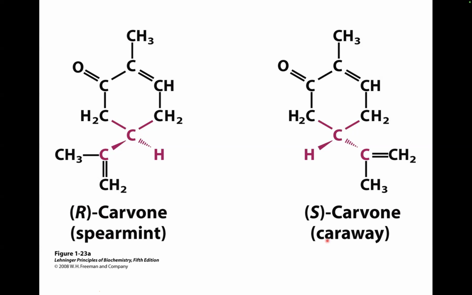It's kind of like a fennel type flavor. So it's definitely not spearmint, right? You can definitely tell. So same chemical compound, and the only difference is the configuration of that chiral carbon, but the receptors on your taste buds actually recognize the difference between those two configurations and differentiate them.